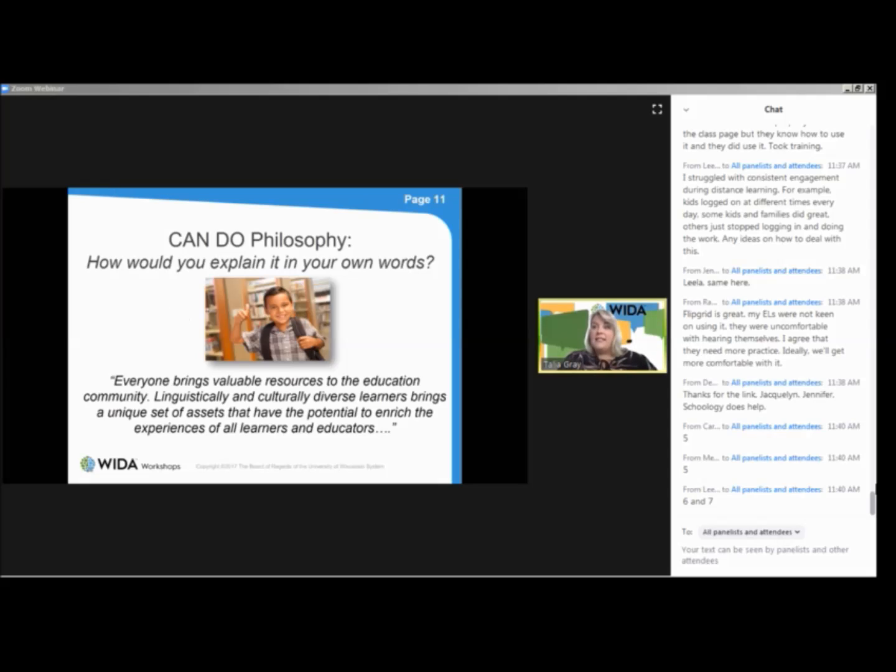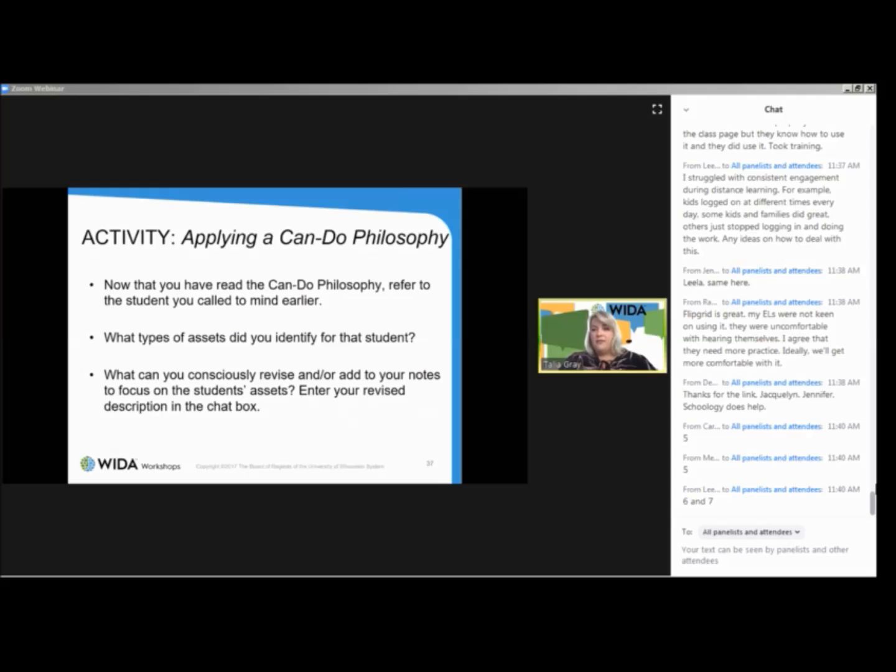So let's practice this a little bit. Now that you have read over the can-do philosophy and know the gist of it, think about that student from this morning when I asked you who would benefit from language differentiation. Think about that student. And with the can-do philosophy in mind, what types of assets did you identify for that student?